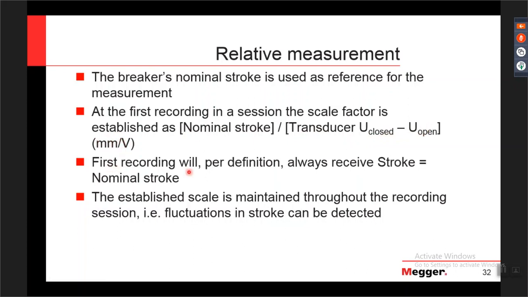The first recording will, per definition, receive exactly the same stroke as the nominal stroke, because that's what you use for your calibration, so to say. And the scale is maintained throughout the recording session, so you can see changes and fluctuations in stroke.